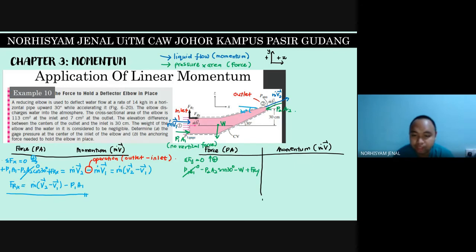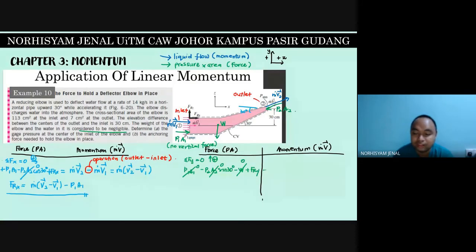We have P1A1, P2A2, but we have the addition of W. So W in the question is said to be negligible. Negligible means that W should equal 0. P2A2, once again, since it is meeting the atmosphere, will also become 0.